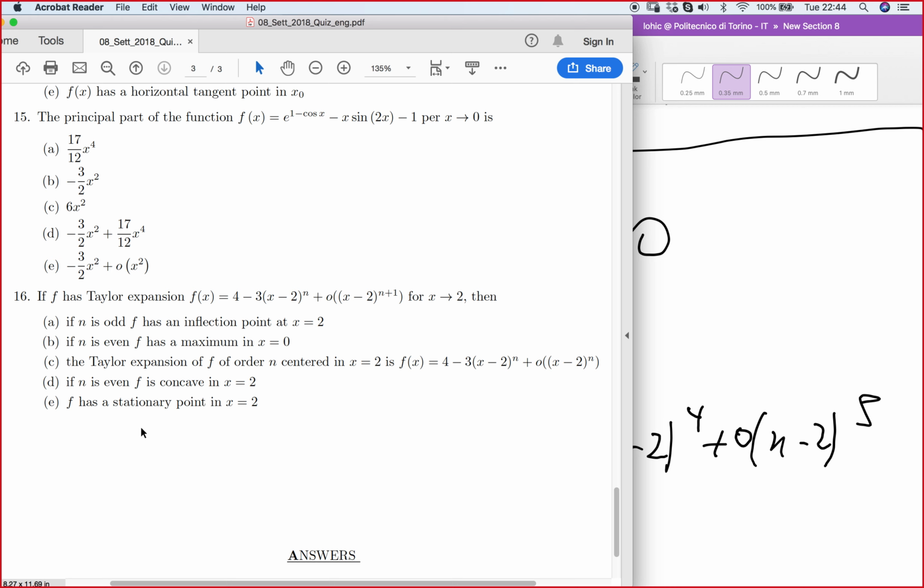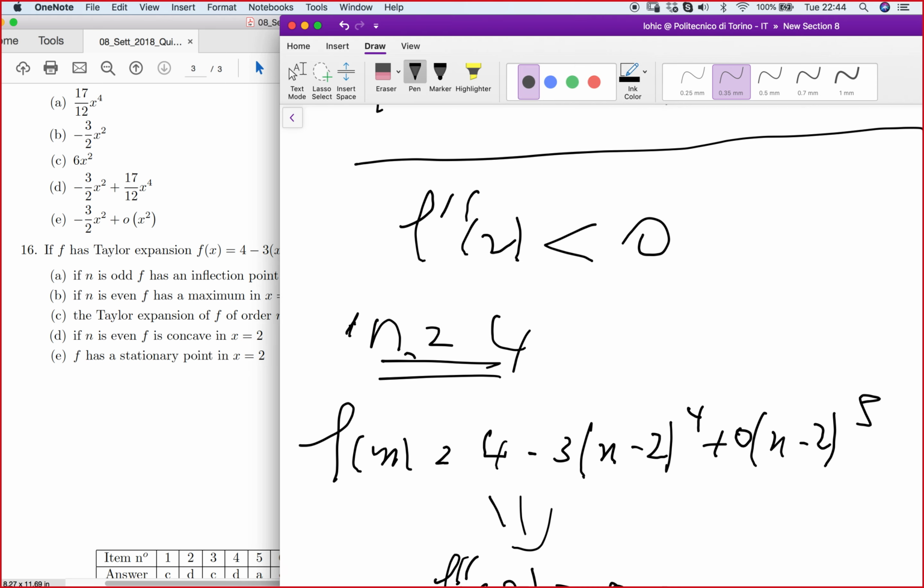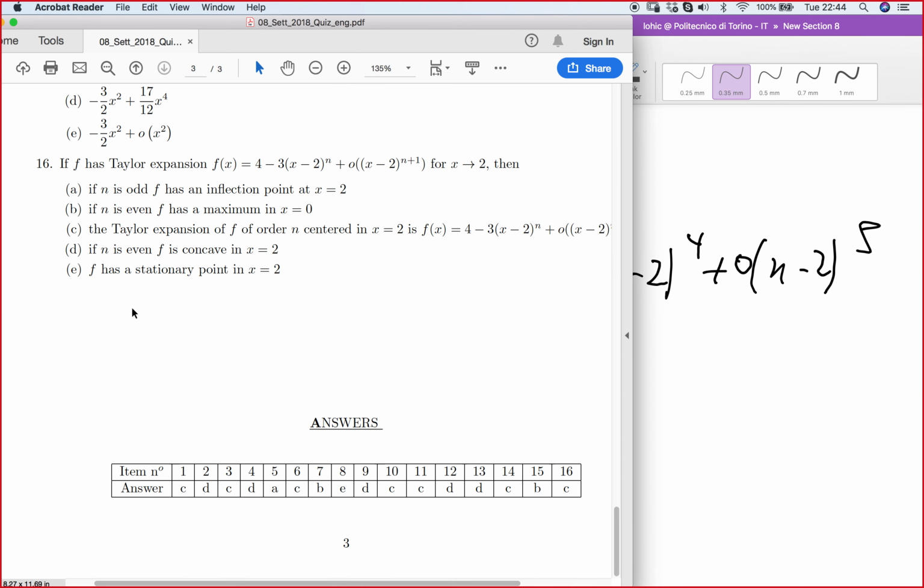And finally, f has a stationary point in x equal to 2. They are saying that whatever is the value of n, there will be a stationary point. Is it correct? What is the stationary point?